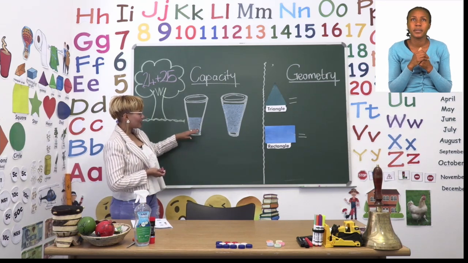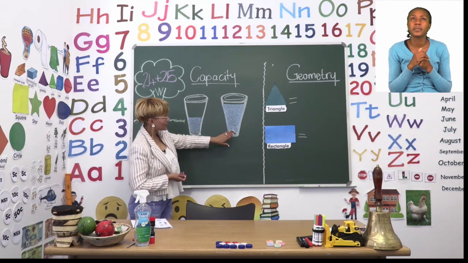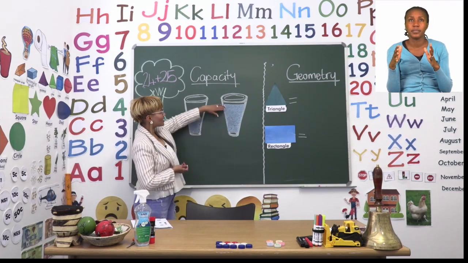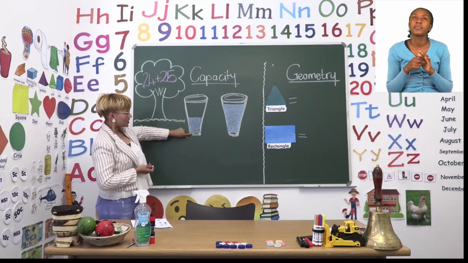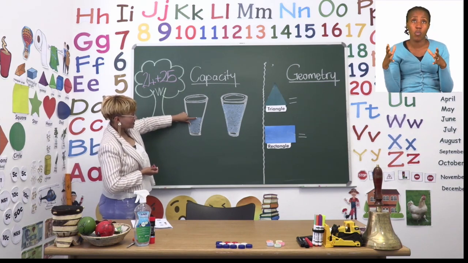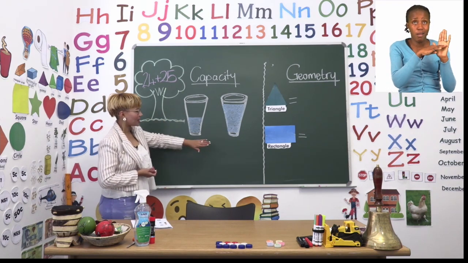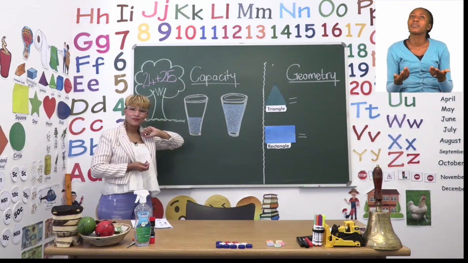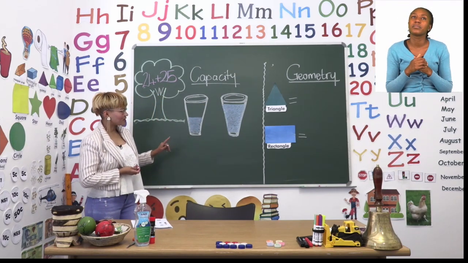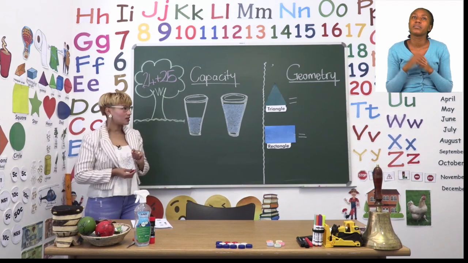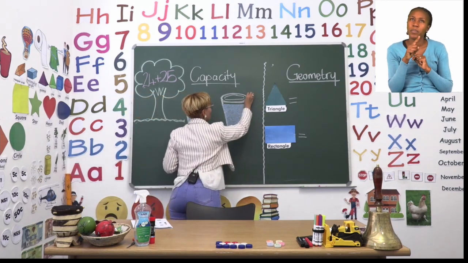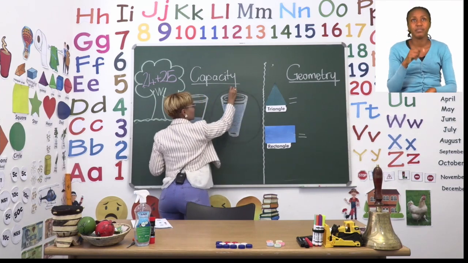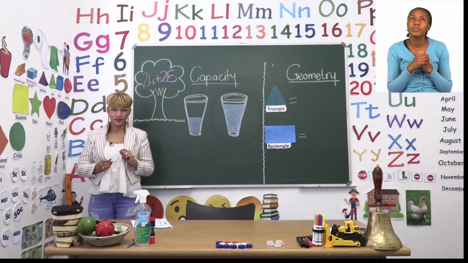So this one has less water than this one, and that means this one has more, because here you will see the water only fills up half this cup, and here the water fills it up to the brim. Now it says we have to circle the one with more water. So now we go ahead and we circle this one.